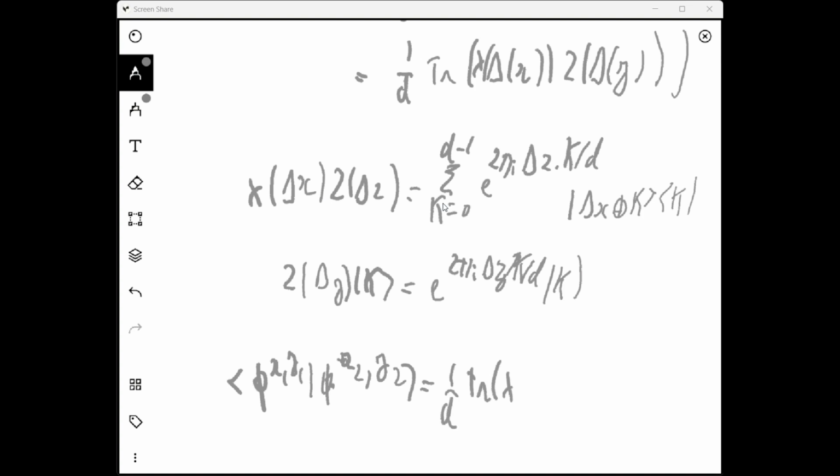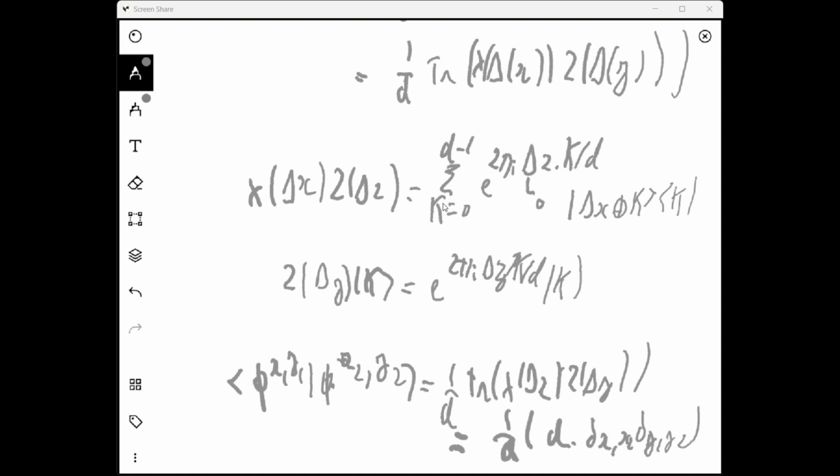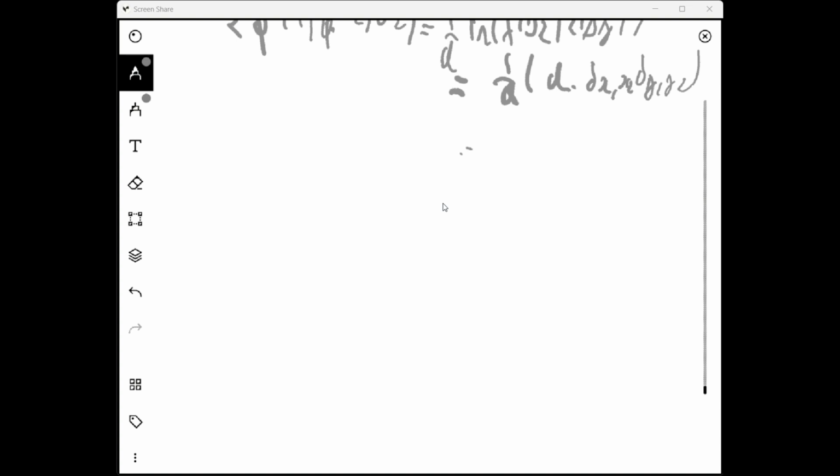We only have one term, so 1 over t, like with the sum over d, because this will be equal to 0, so we just have d terms multiplying by delta x1, x2, delta z1, z2, which at the end just gives delta x1, x2, delta z1, z2.